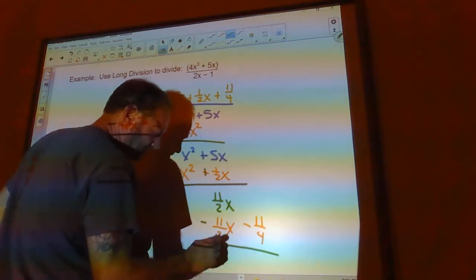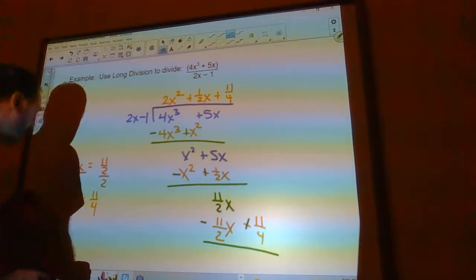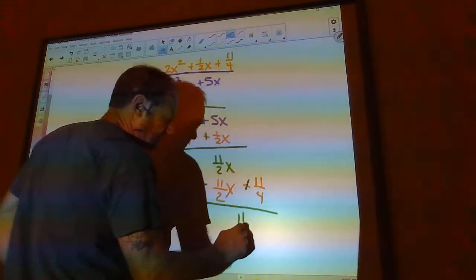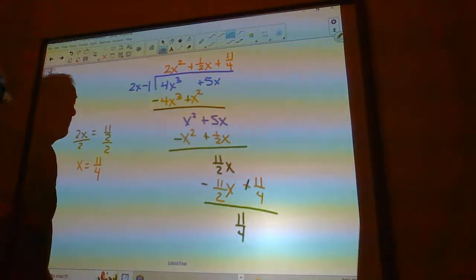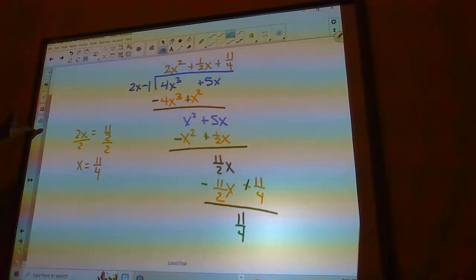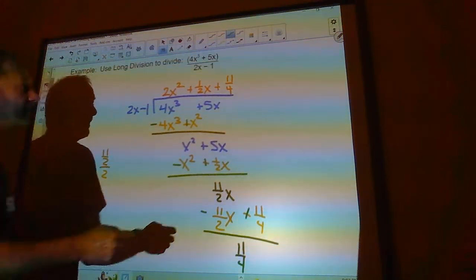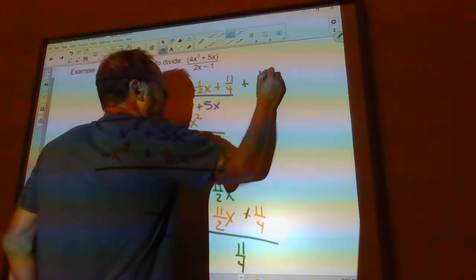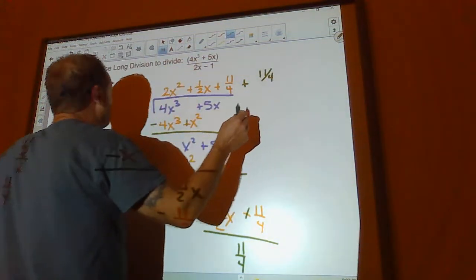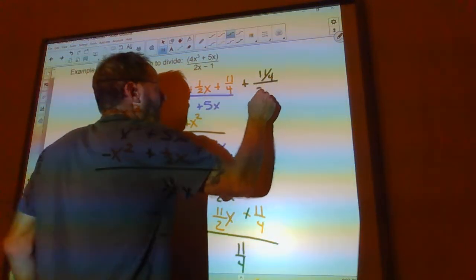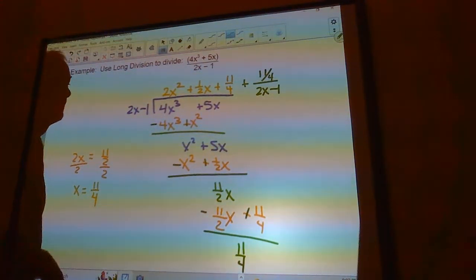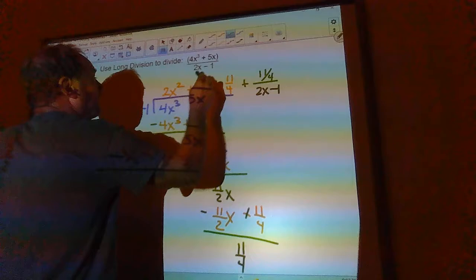This goes away. Whoops, negative, positive. I'm going to change all the signs. Okay, and I'm left with 11/4. And that will not be divisible by 2x minus 1. So that's my remainder. Plus 11/4 over 2x minus 1. Okay, and you're done. There's your answer.